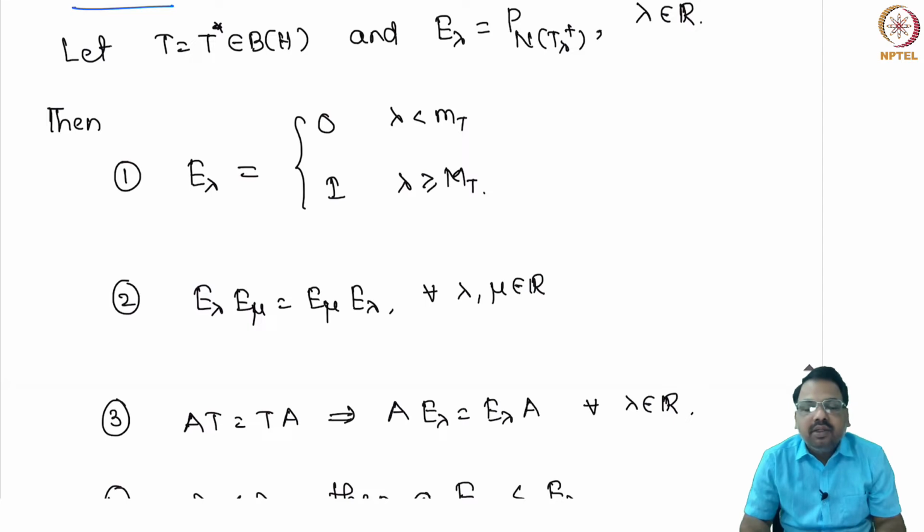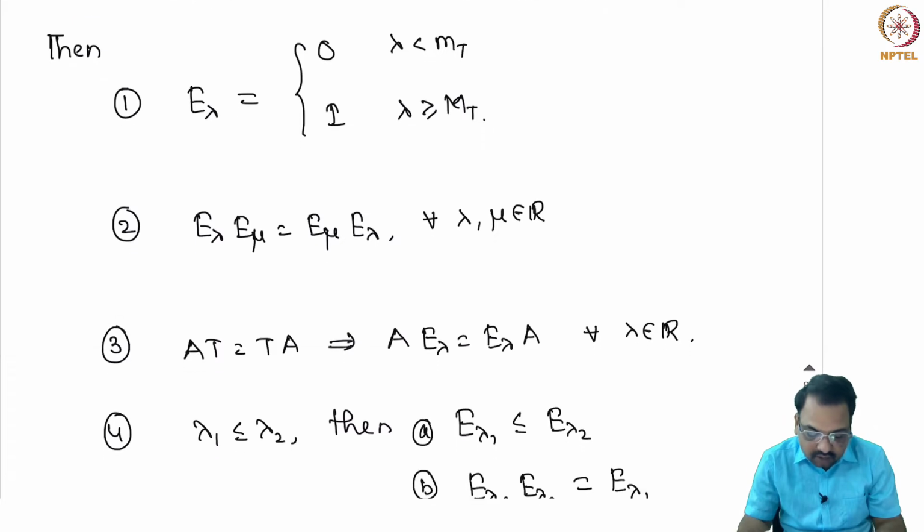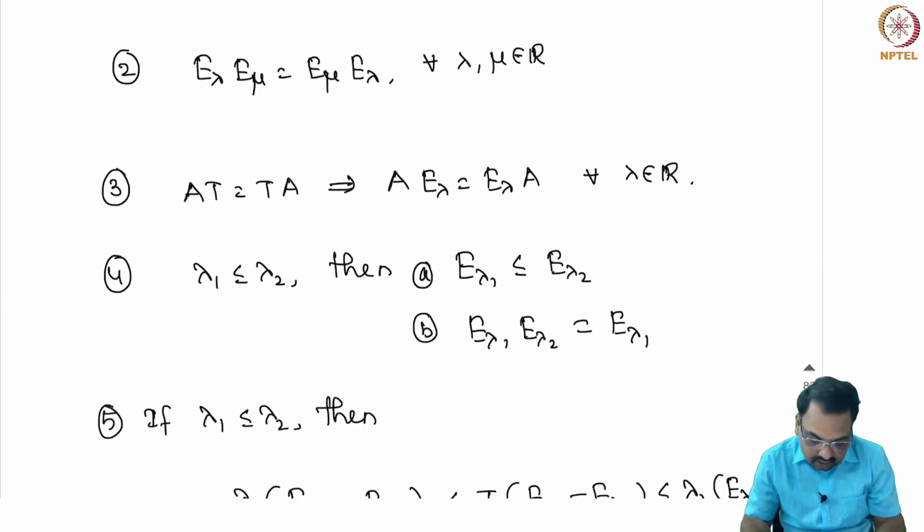We have shown that E lambda is 0 when lambda is less than m_T, the lower numerical bound, and when lambda is bigger than or equal to the upper numerical bound, capital M suffix T, then E lambda is identity.